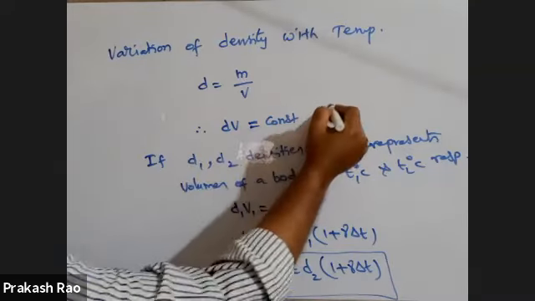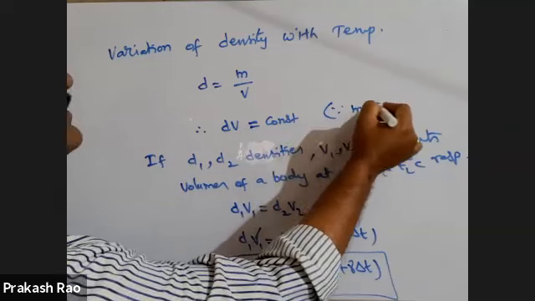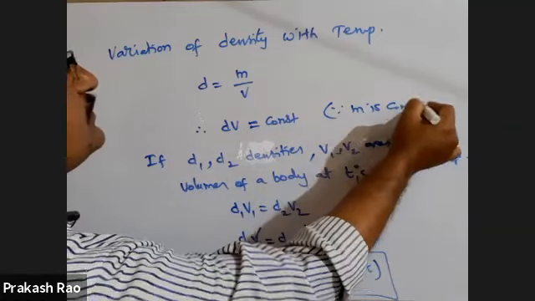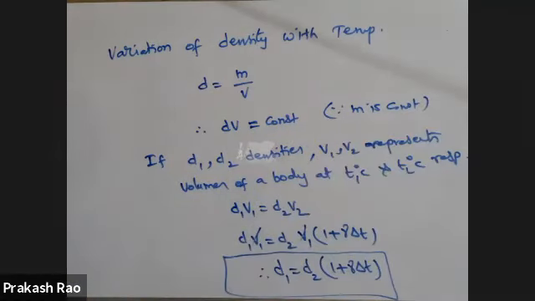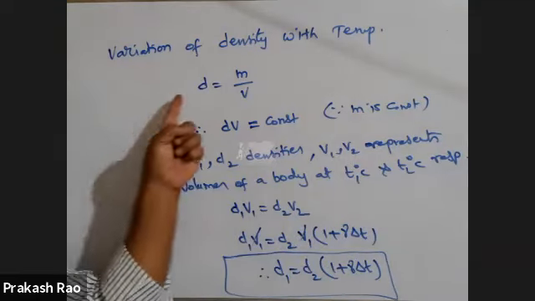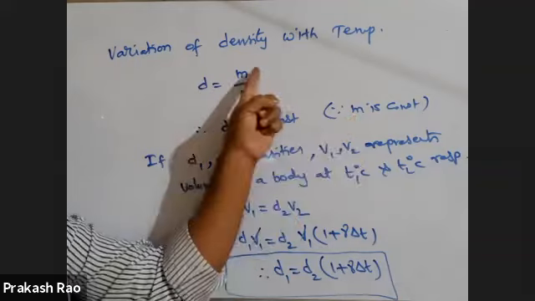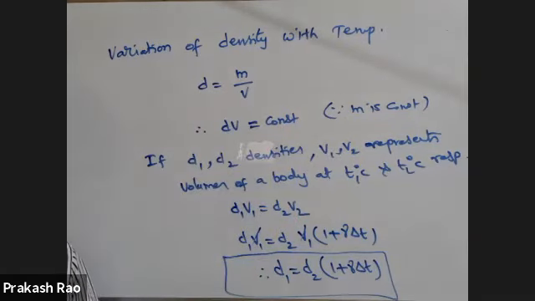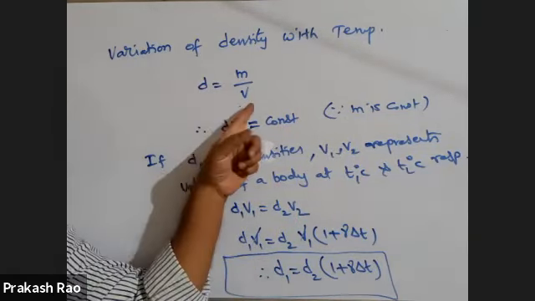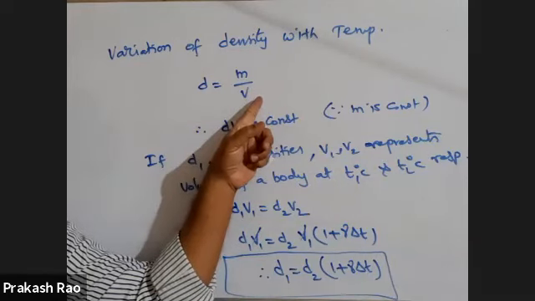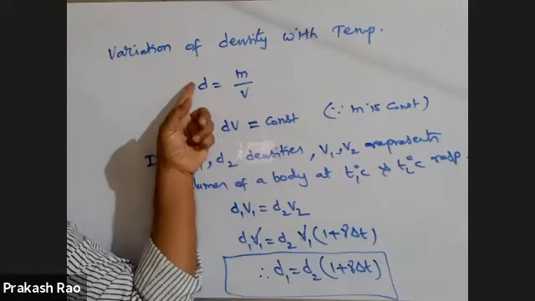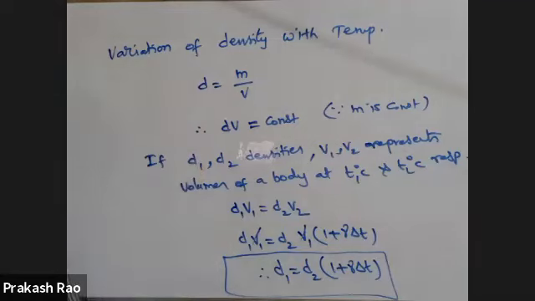dV is equal to constant, since m is constant. Density is equal to mass by volume. M is constant, M does not change, neither increases nor decreases. But volume generally increases on heating a material. Therefore, density decreases.